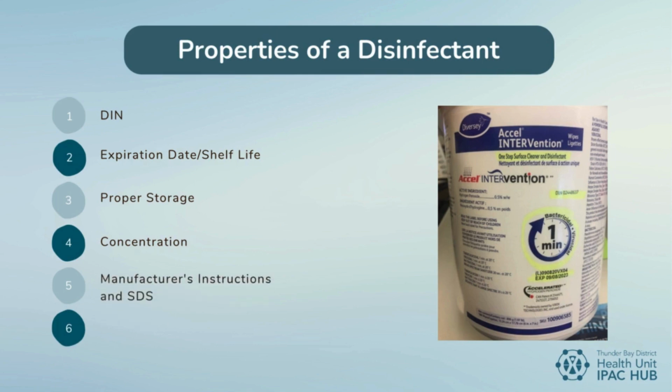Number 5, manufacturer's instructions and safety data sheets, or SDS. Many of these chemicals you're exposing yourself to can be harmful if not handled properly, so it is important to know and understand what you're using. This is typically the fine print or the additional paperwork that comes with the product.